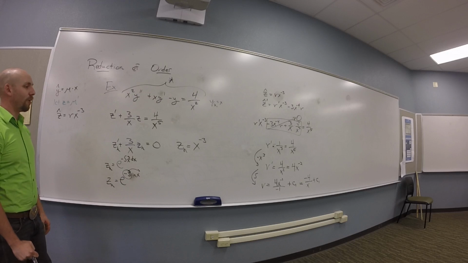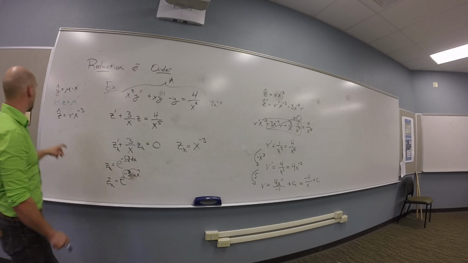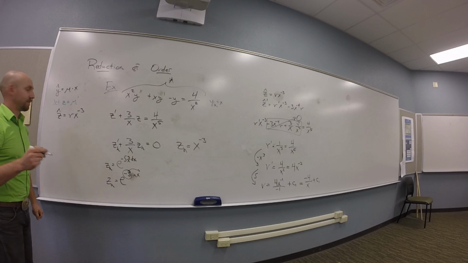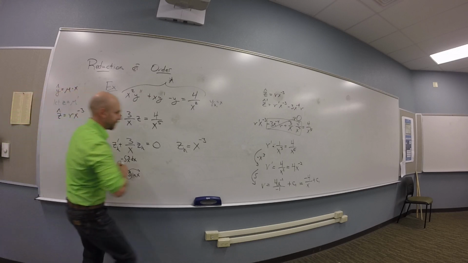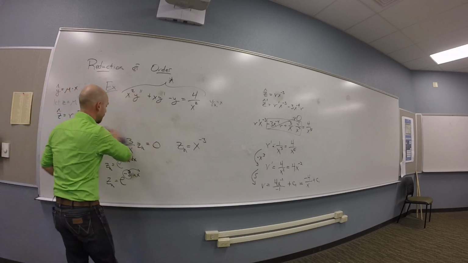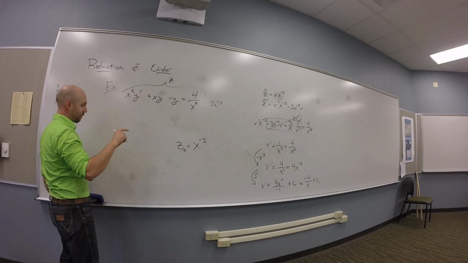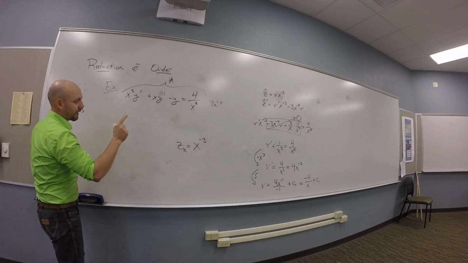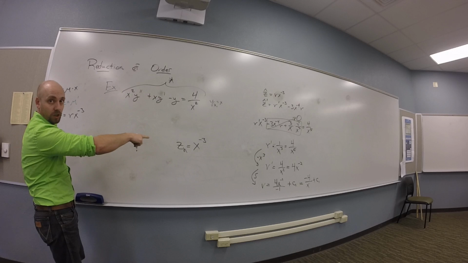Then you need to go backtracking. So my z is the nu times the homogeneous version, right?